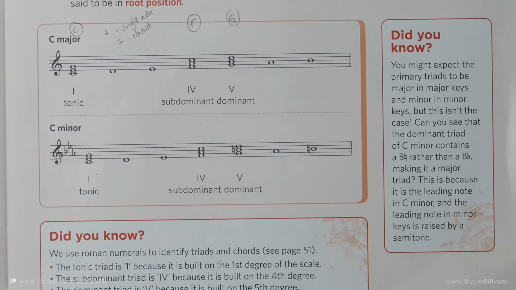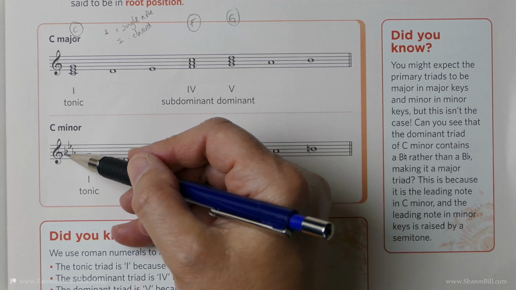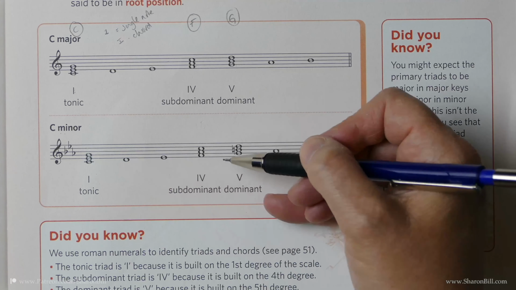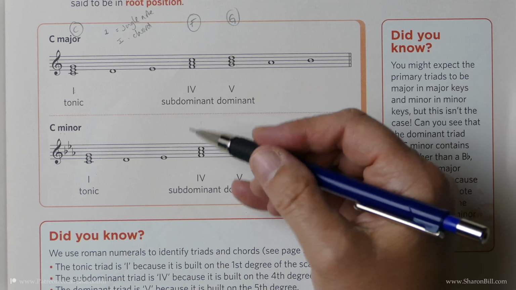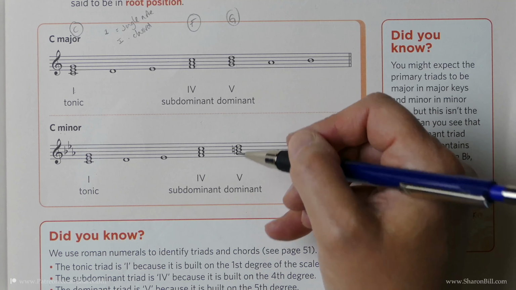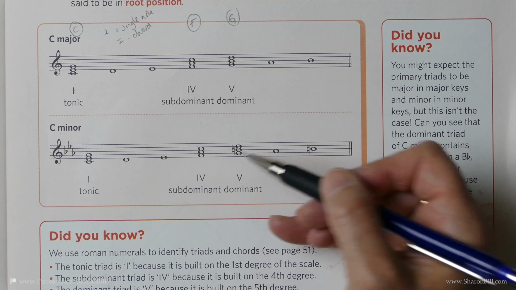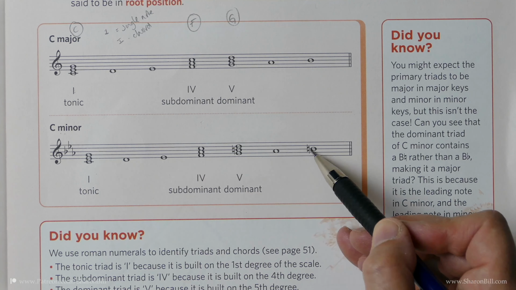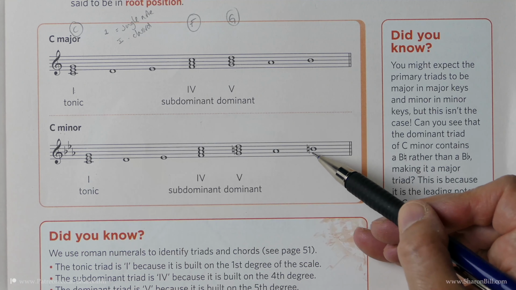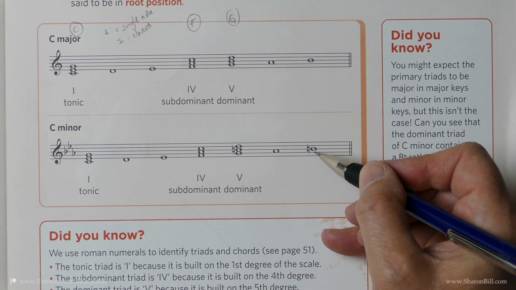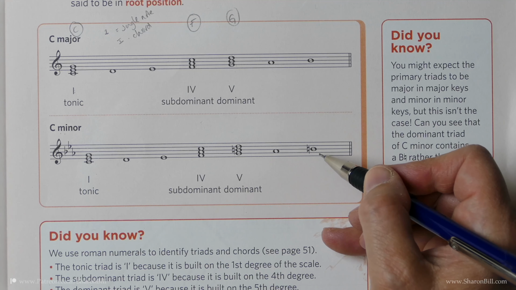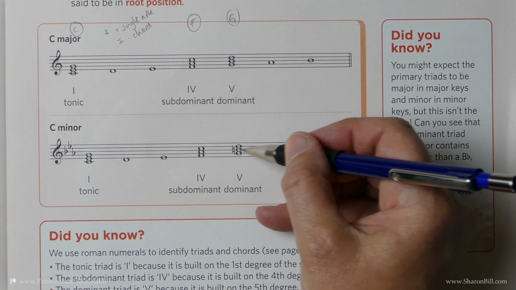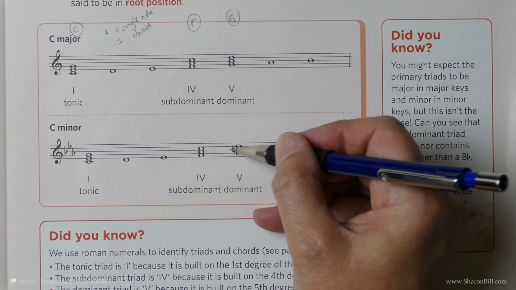And your key signature takes care of all of the details. We have B flats, E flats, A flats, and that will be added to the notes of the chord as you build them. However, because in a minor key the raised 7th, which is the B, 1, 2, 3, 4, 5, 6, 7, is raised, so instead of being B flat it becomes B natural, we always have an accidental raising that note, and that always falls in the middle of chord 5.